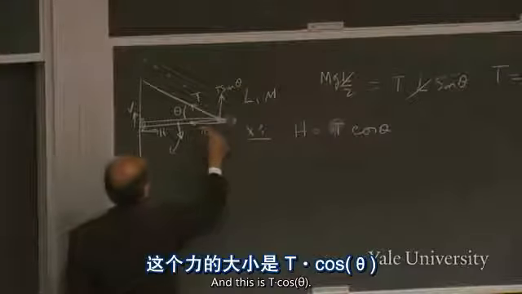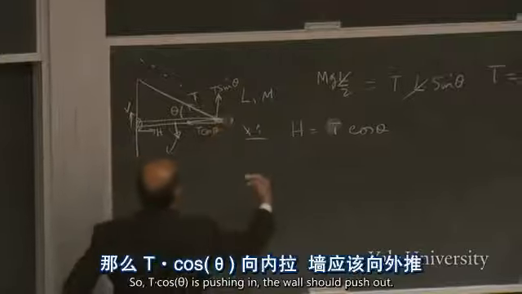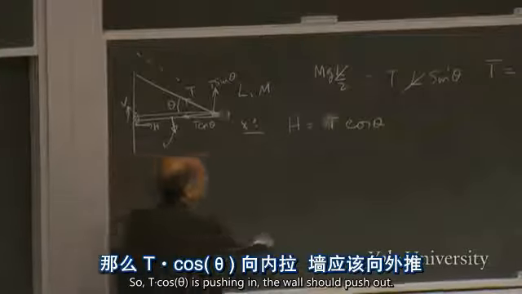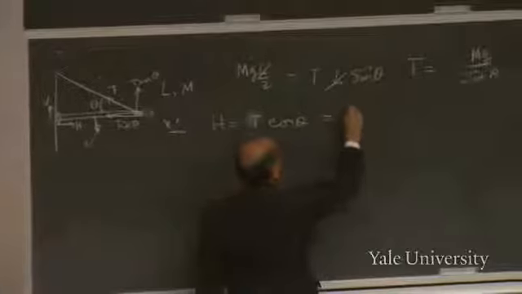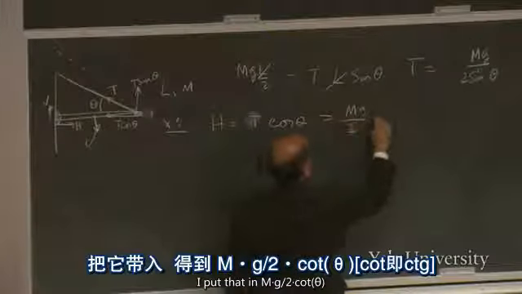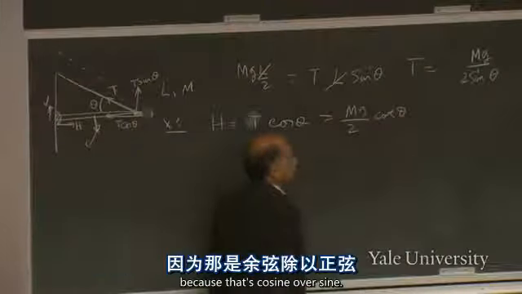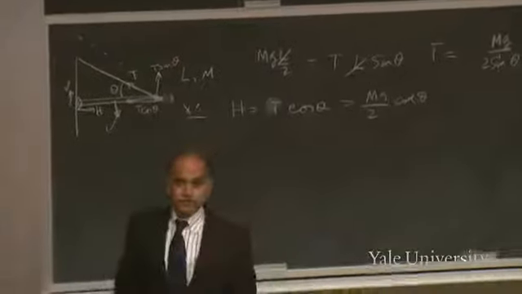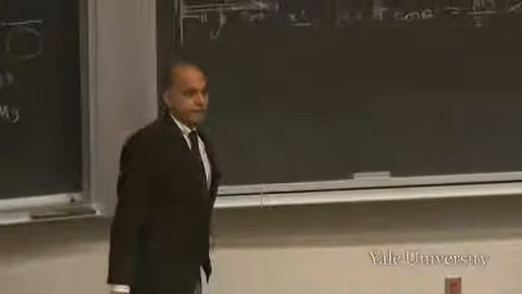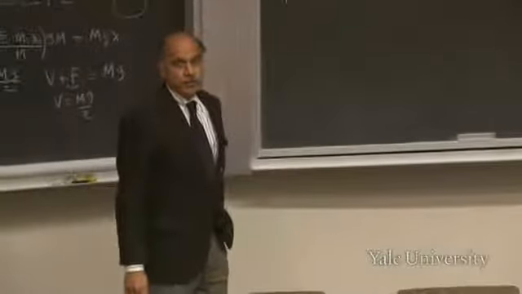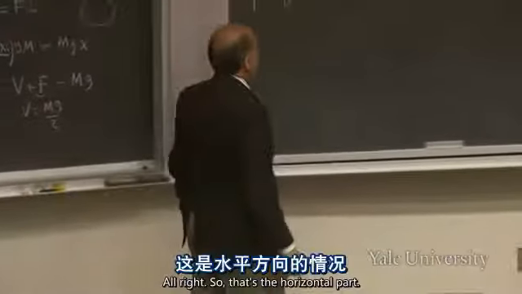T cosine theta is pushing in, so the wall should push out. And now I know the value of T. I put that in: mg over 2 cotangent theta, because that's cosine over sine. All right, so that's the horizontal part.